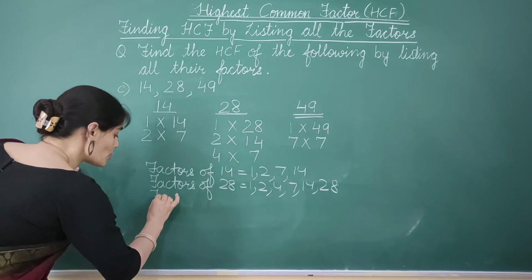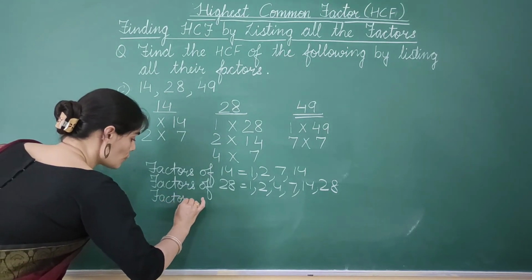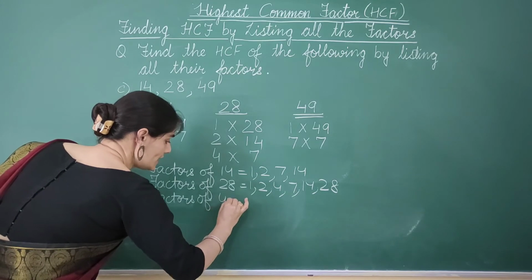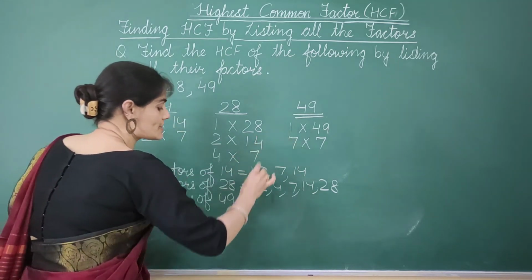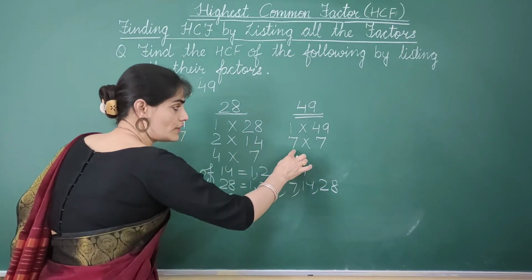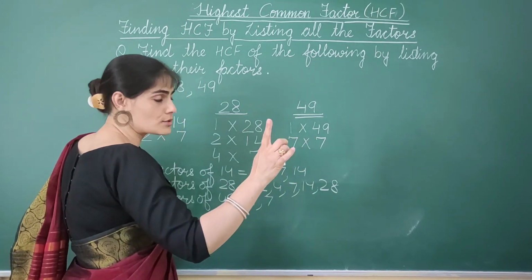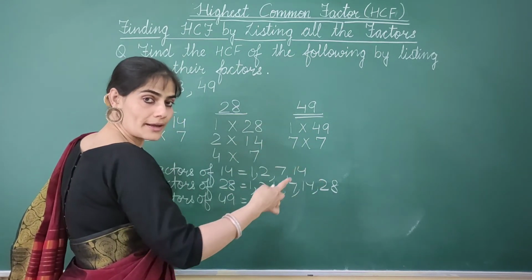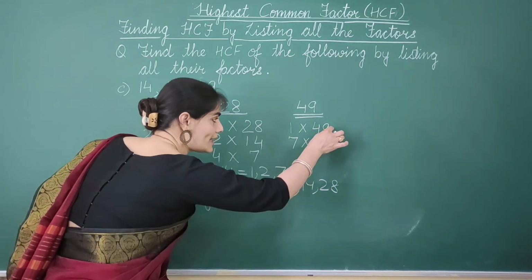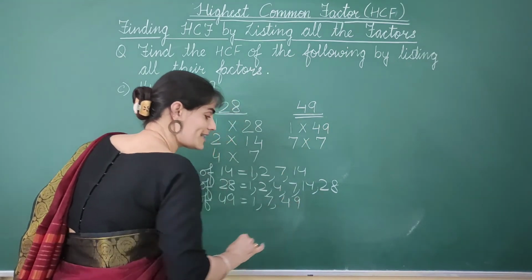Now I write all the factors of 49. Now it's 1, 7. We are going to write 7 once. No need to write it another time. Fine. And the next one is 49.